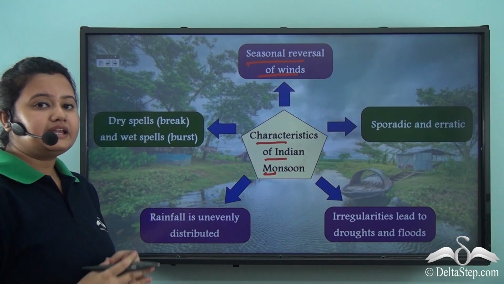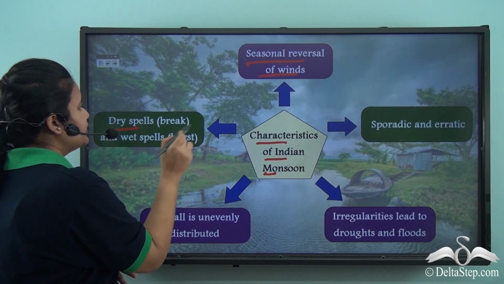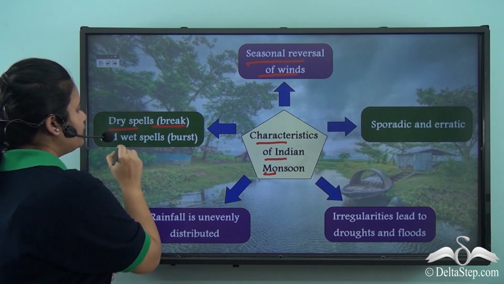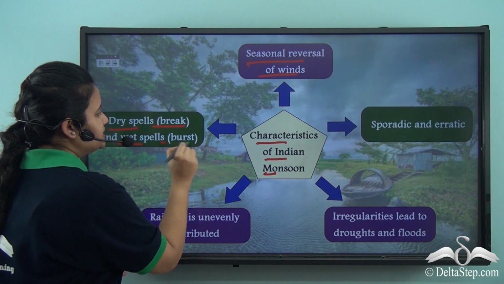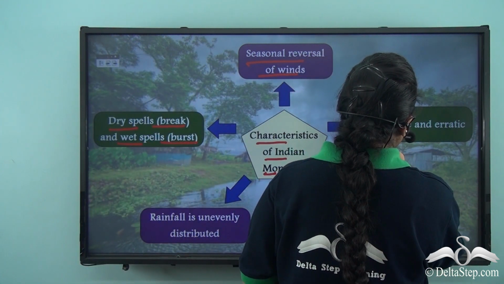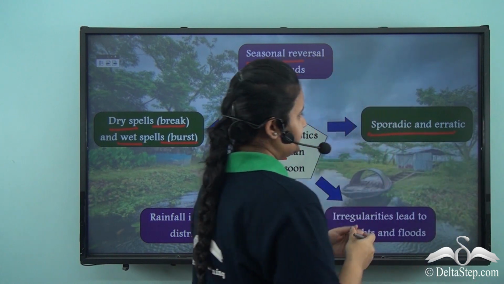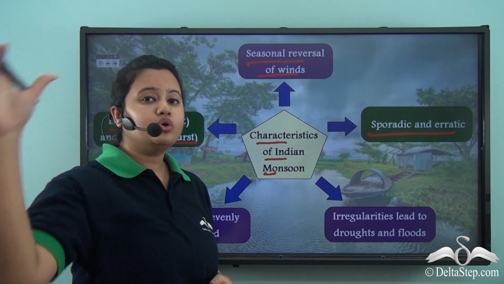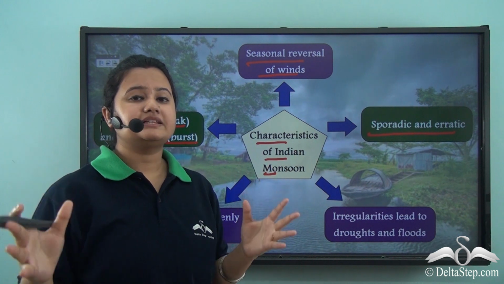Also, rainfall in India has dry spells which refer to break in monsoon and wet spells which refer to burst in monsoon. Again, Indian monsoon is sporadic and erratic in nature, which means that not whole of the country receives rain at the same time.